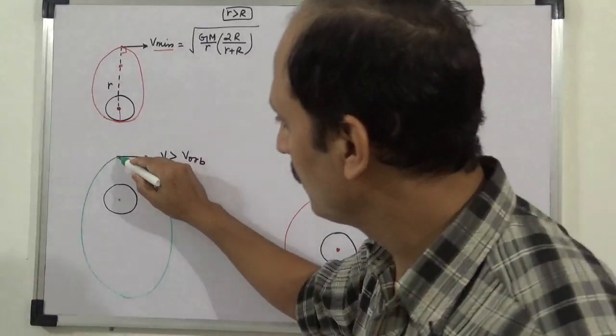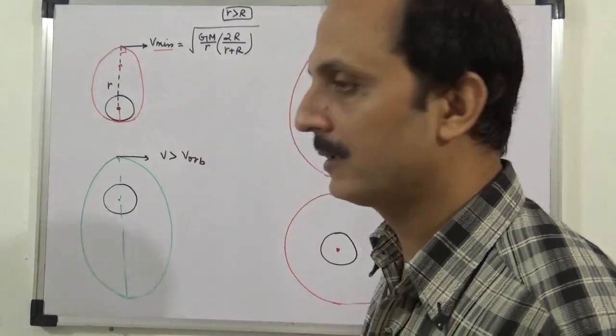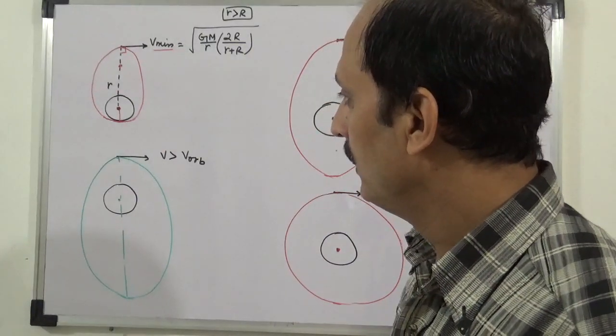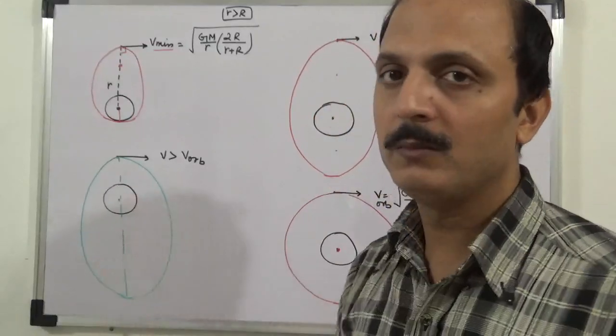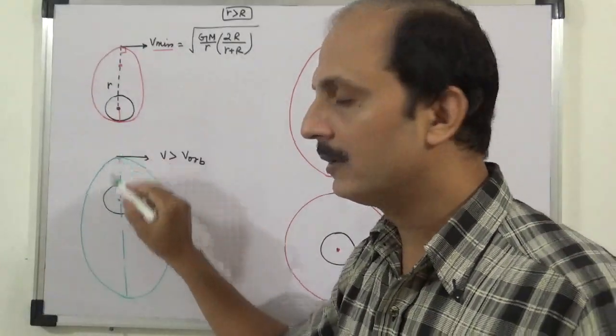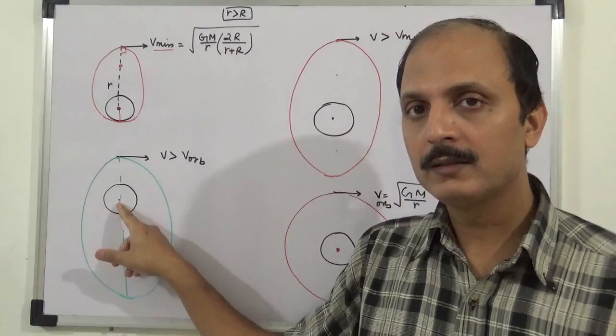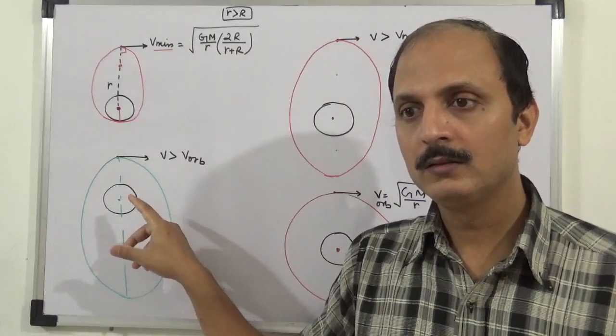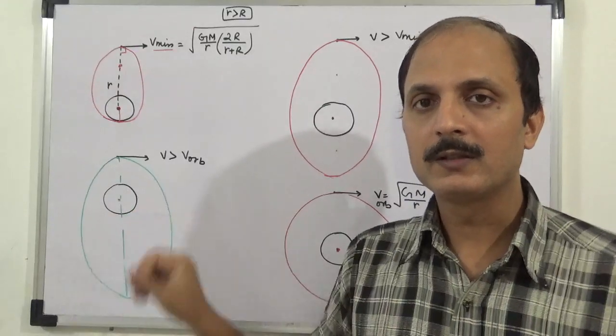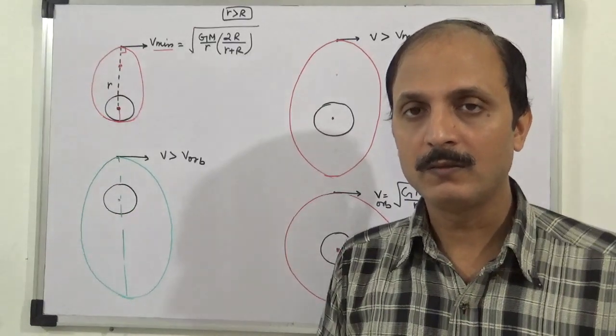Earth will be the near focus with respect to the point of projection. When V is more than V orbital, then the Earth's center is a near focus with respect to the point of projection of the satellite.